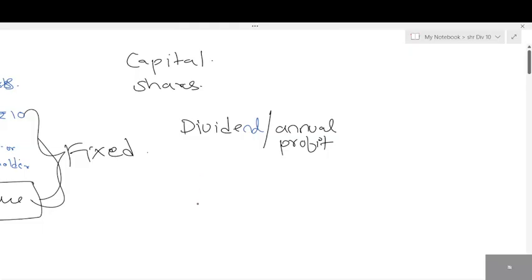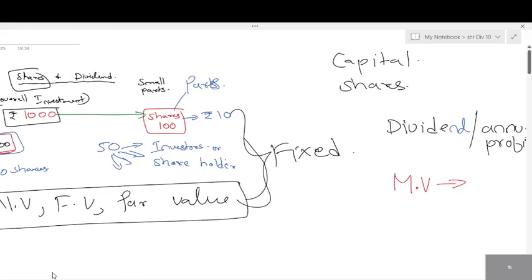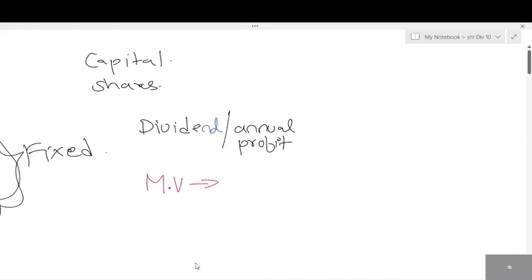Next, market value. So face value is done. Market value is nothing but, as per the company's profit and loss, the value of each share will keep fluctuating. That is known as market value. Now, for example, 50 shares were left. In the 50 shares, I buy 10 shares.